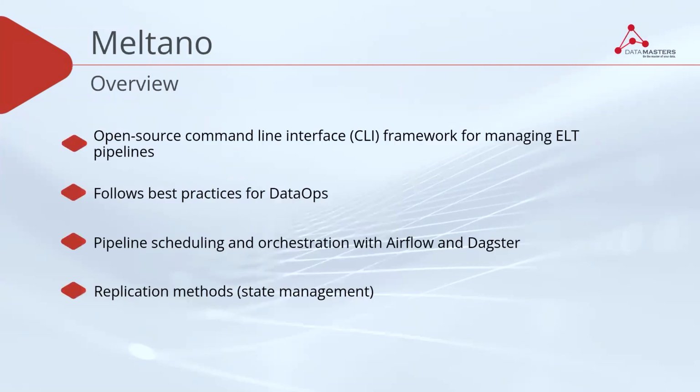So this is where Meltano comes to the rescue. Basically, this is an open source CLI framework, command line interface framework, for managing ELT pipelines, and it is developed with DataOps in mind. DataOps basically handles the versioning and the monitoring very well in order to have these pipelines easily maintained.